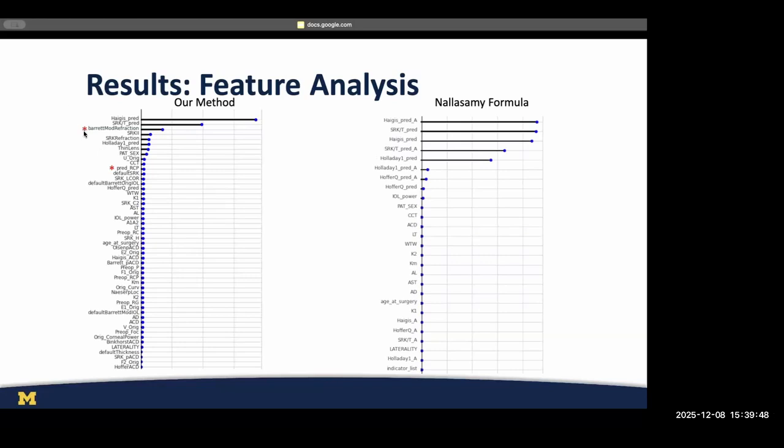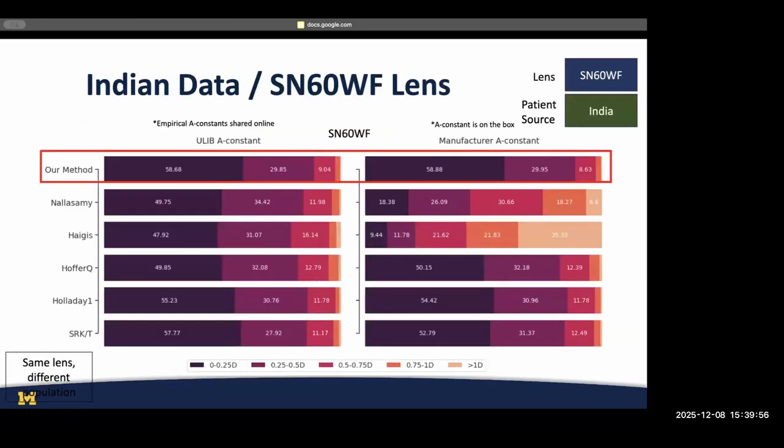We also see the two derived features that we calculated to be among the top 12. So now we look at the Indian population with the Elcon lens. We see an improvement in performance of our method over the Nallasamy formula. It outperforms the other methods that we are looking at, and it's stable across manufacturer and empirical A constants.